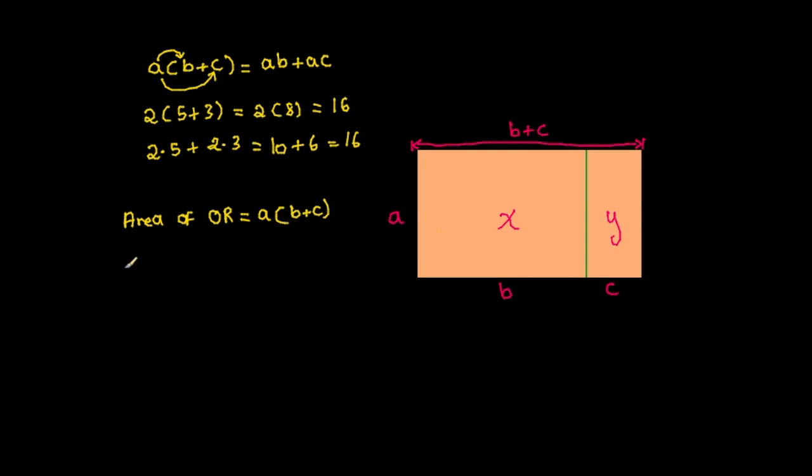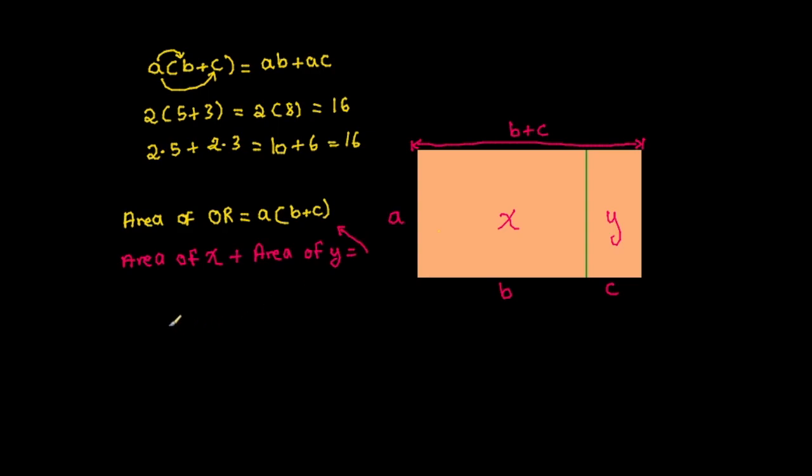It must be. Okay, so I'm going to write that down. So area of X, or area of rectangle X, I'm just going to write X to simplify, plus the area of Y must be equal to this right here.